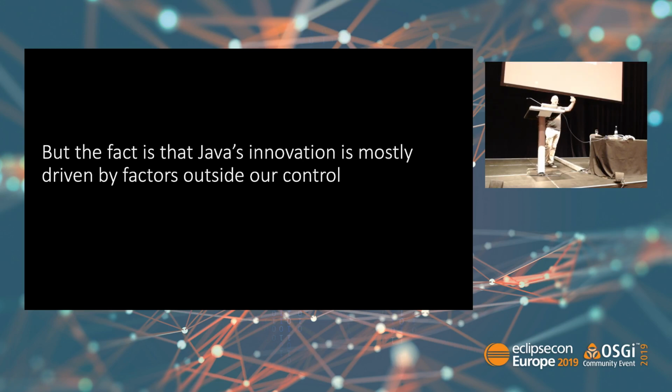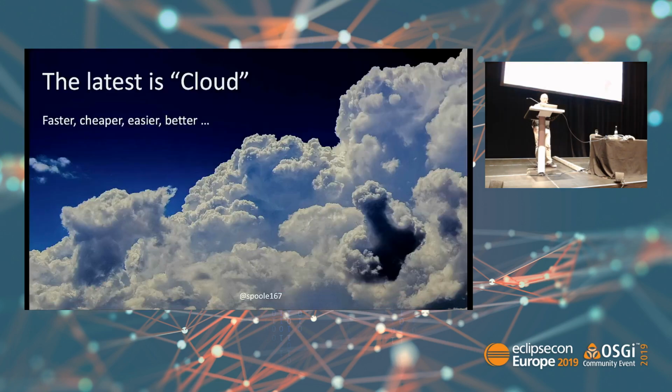It's all driven by some outside force, right? You don't sit up one day and go, hey, let's make the JVM do this or this or this. That's not what happens. What happens is we live in a world and the world changes and we respond. And the latest thing that's been driving us is this thing, cloud. Yes, all about making things cheaper and easier. You know the blurb, okay?